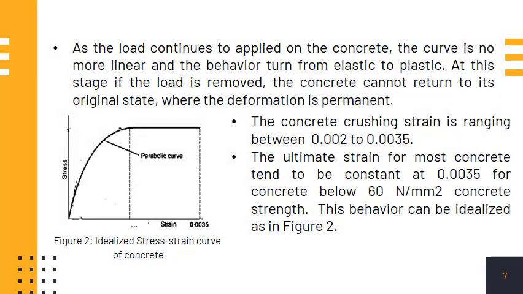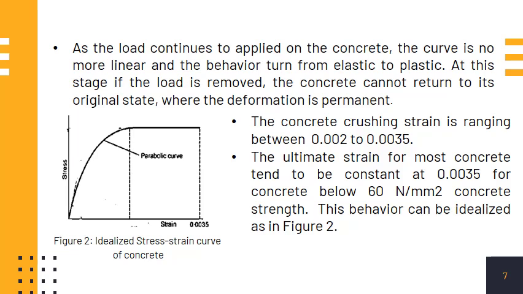When we continue putting the load onto concrete, the curve will become no more linear. At this stage, behavior is changed from elastic to plastic. In plastic state, concrete cannot return to original state and the deformation is permanent. At a point where the concrete crushing, the strain of concrete is in between 0.002 to 0.0035.